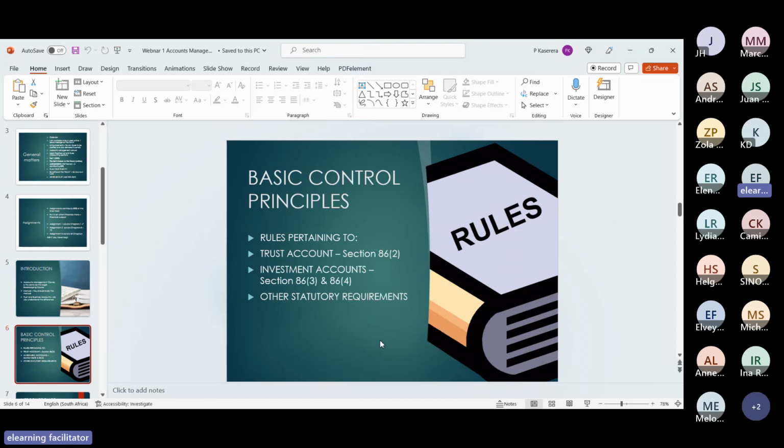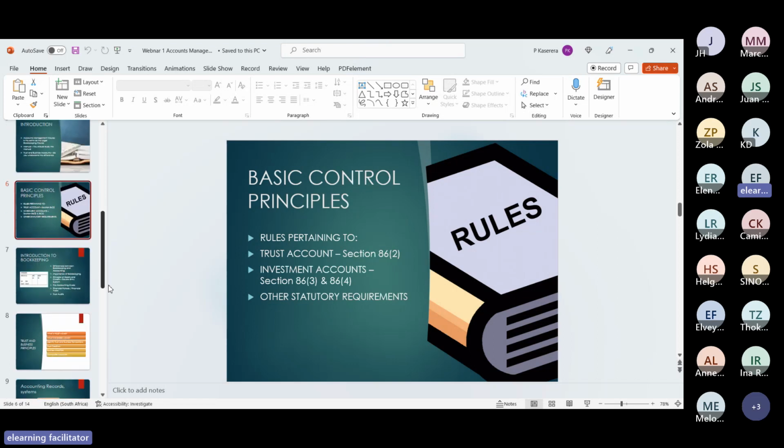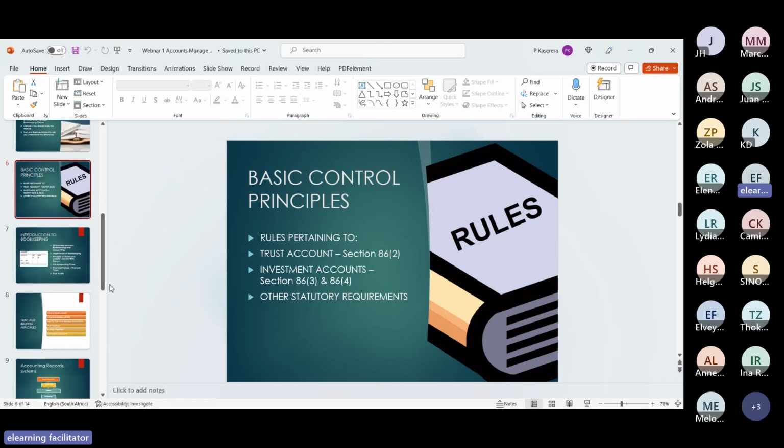These pertain to the rules, sections of the Act, and other statutory requirements. I think we discussed this thoroughly last week, but for those who feel they need to know a bit more, we can always explain after the webinar, so that those who want to leave early can leave early.